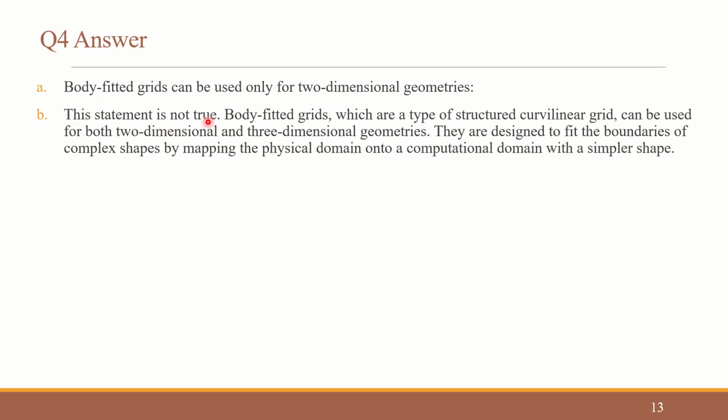Body fitted grids, which are a type of structured curvilinear grid, can be used for both two-dimensional and three-dimensional geometries. They are designed to fit the boundaries of a complex shape by mapping the physical domain into a computational domain with a simpler shape.